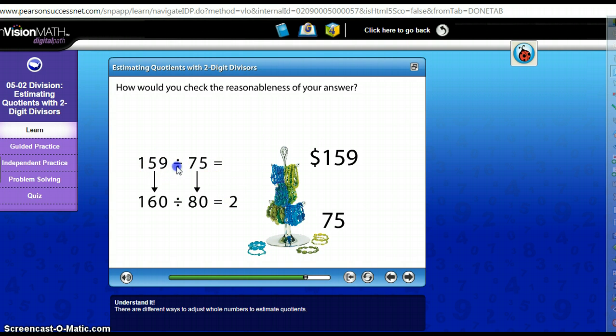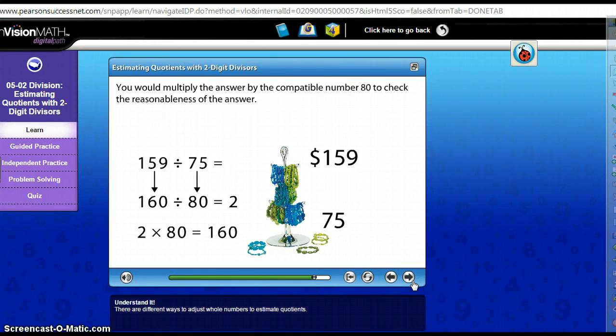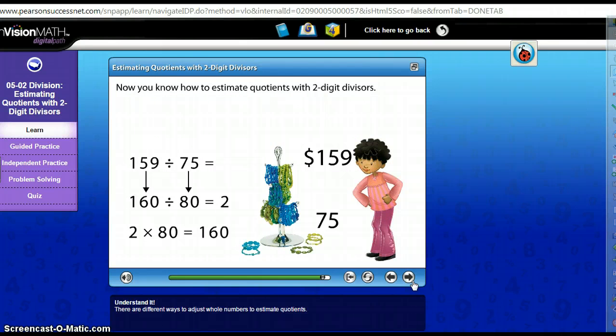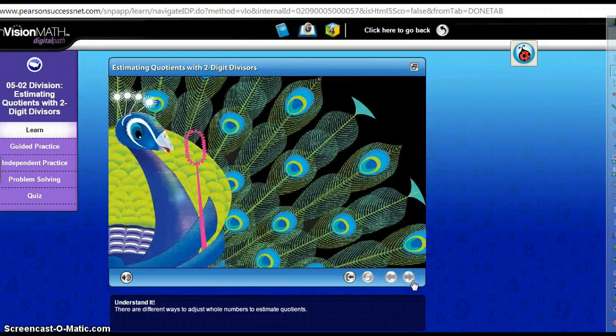If I take 159 divided by 75 and I get an answer of 13, whoa, then I'm kind of off. Maybe my answer isn't very reasonable. You would multiply the answer by the compatible number 80 to check the reasonableness of the answer. Now you know how to estimate quotients with two-digit divisors.